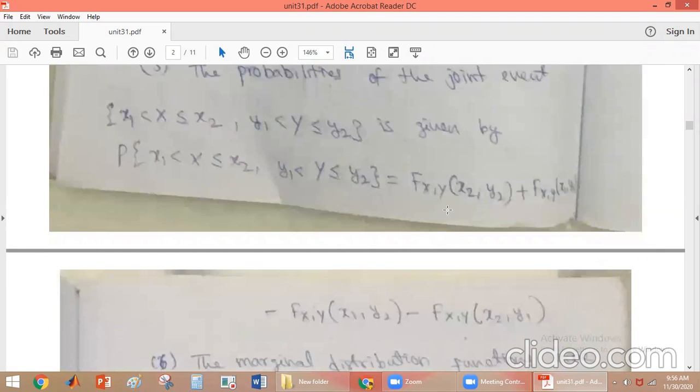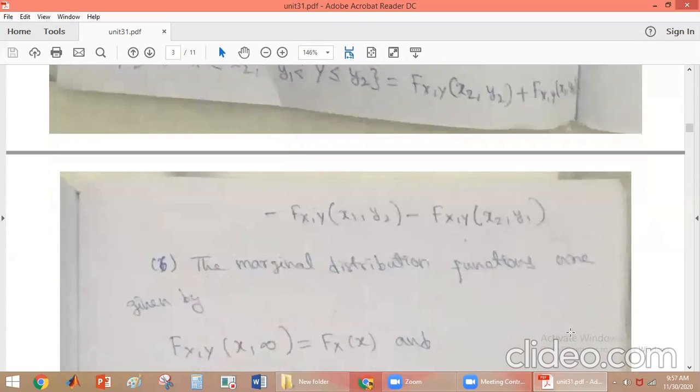F_XY of (x2, y2) plus F_XY of (x1, y1) minus F_XY of (x1, y2) minus F_XY of (x2, y1). So if you want to find the probability between x1 and x2, y1 and y2, it is nothing but the joint distribution function at (x2, y2) plus the joint distribution function at (x1, y1) minus the joint distribution function at (x1, y2) minus the joint distribution function at (x2, y1).